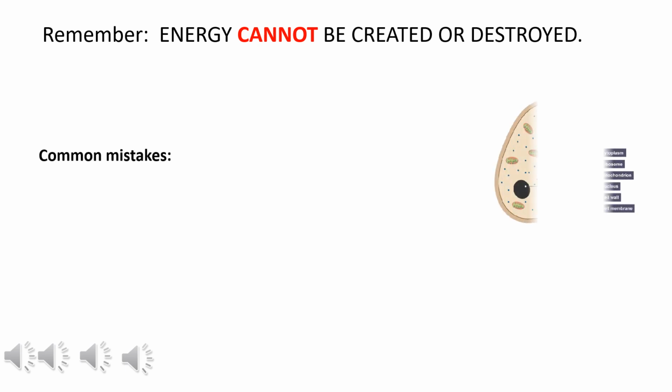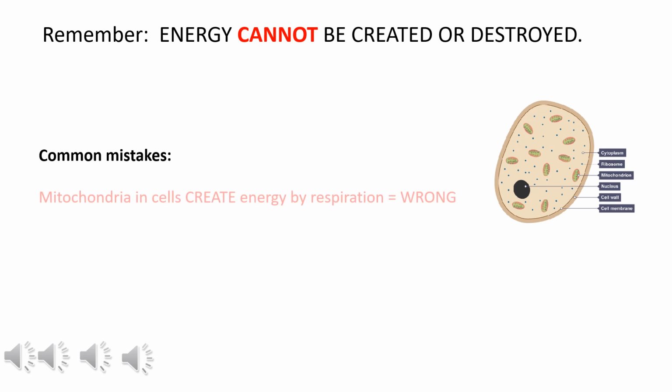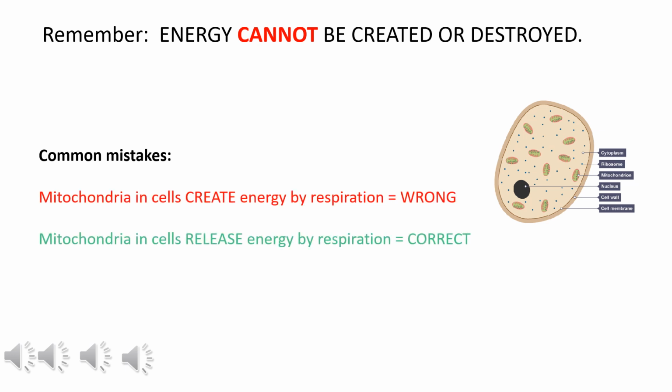Okay, remember energy cannot be created or destroyed, so we just need to be a little bit careful with the language sometimes. So instead of saying mitochondria create energy, try to say mitochondria release energy instead.